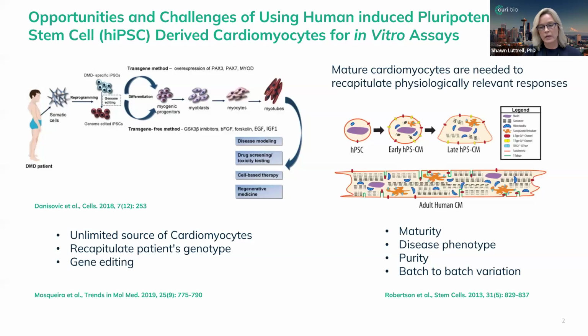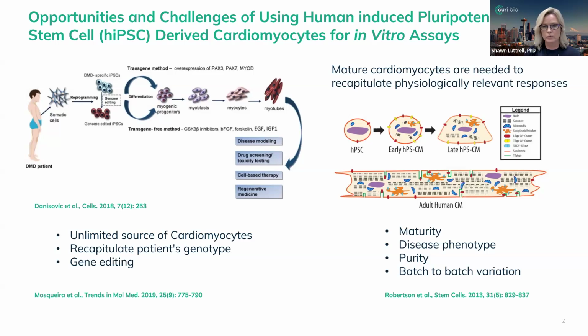However, the challenges in working with these cardiomyocytes have historically been the immature state of the cells and the difficulty to model some diseases, disease phenotypes that have a late onset or present with maturation. Another obstacle can be the purity of the cardiomyocytes after differentiation. So when we make our mini-engineered heart tissues, we want the majority of those cells to be cardiomyocytes.